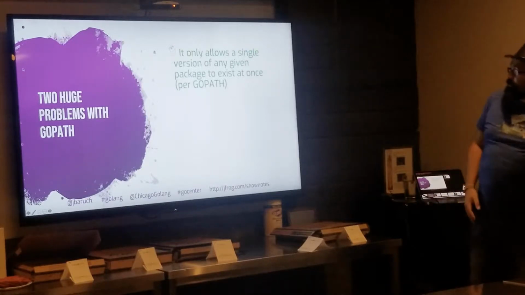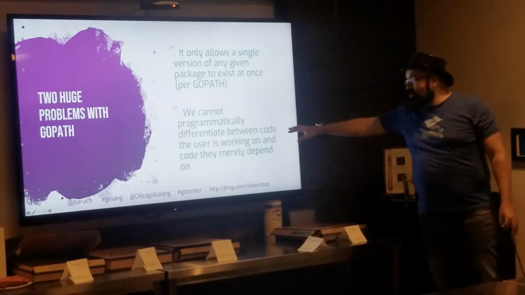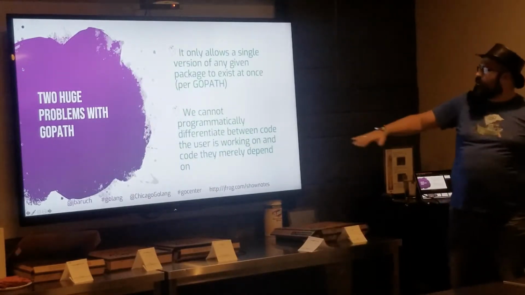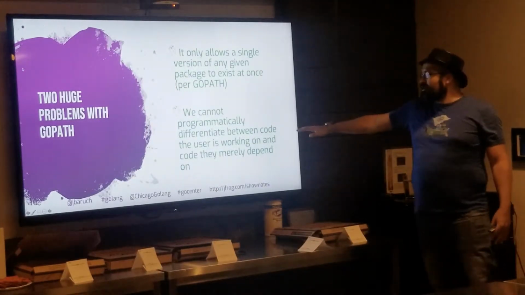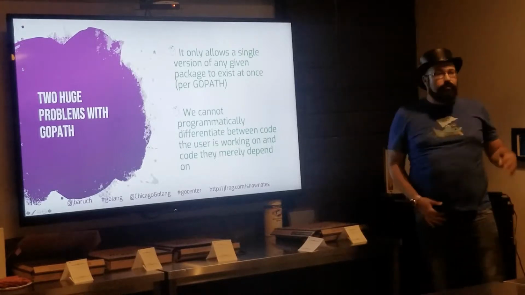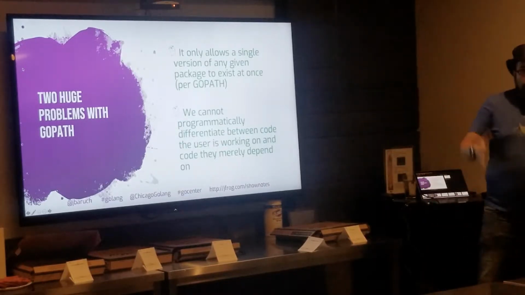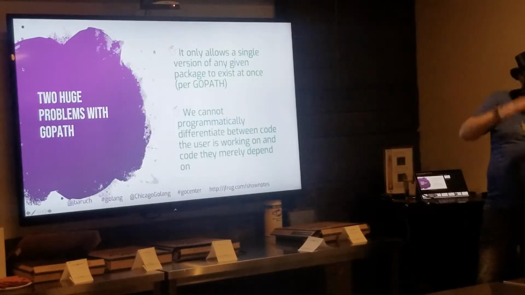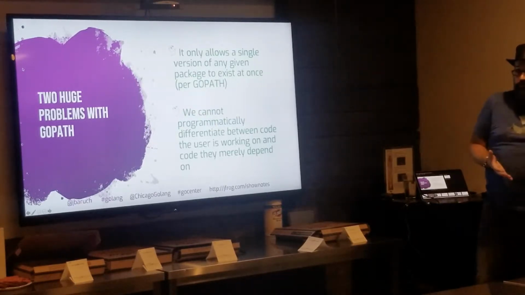So that's one very big problem, and the other is we cannot programmatically, sometimes even humanly, but programmatically never differentiate between code the user is working on and code they merely depend on, because it looks absolutely the same inside our source tree, right?